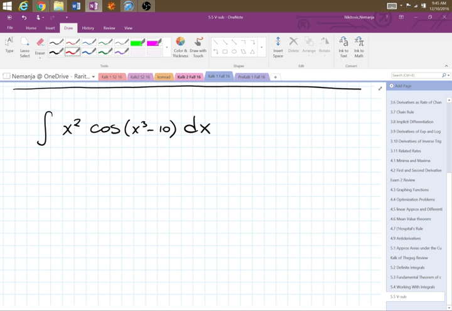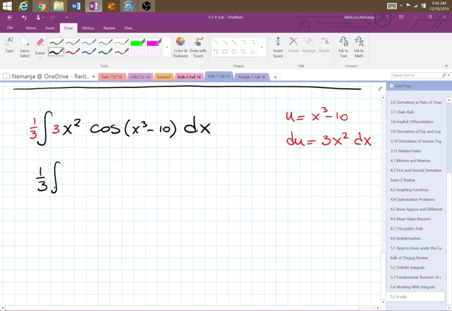U equals, well, I'm looking at the problem, and I say x cubed minus 10 bothers me. So u equals x cubed minus 10. du is immediately 3x squared dx. Now I like to fix numbers, so sue me. 3 and 1/3 in front. And then we have 1/3 integral, and I'm going to do the blue again.